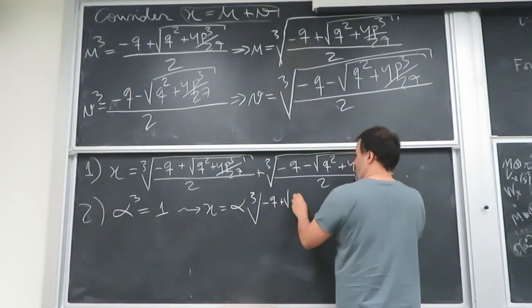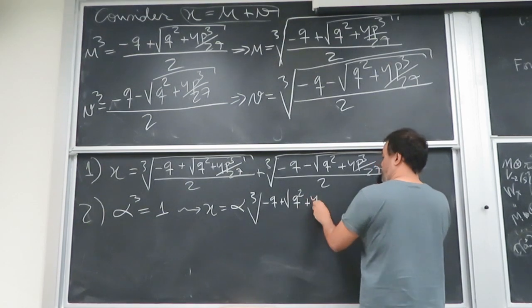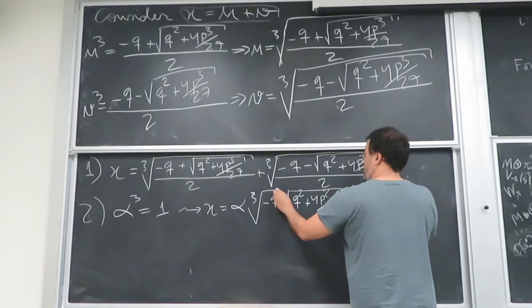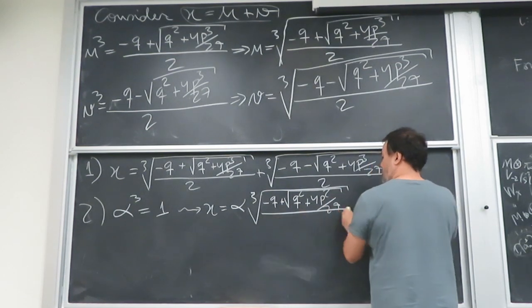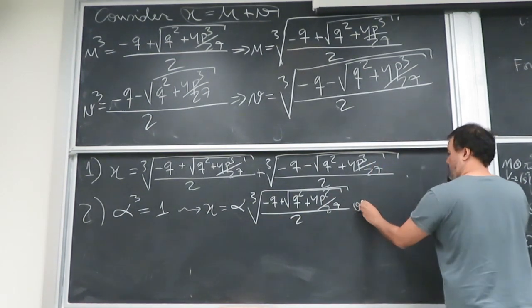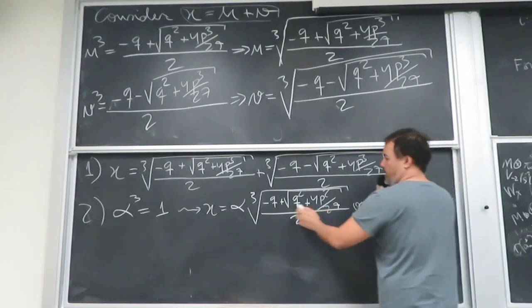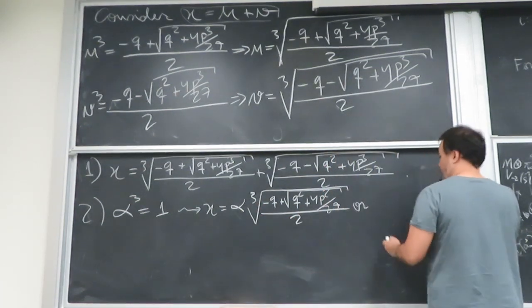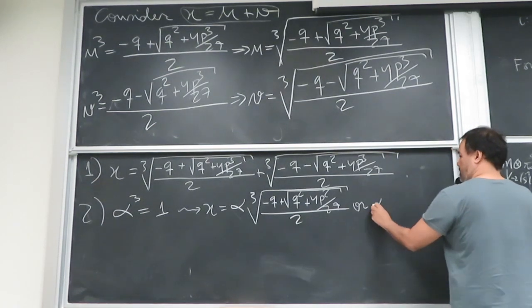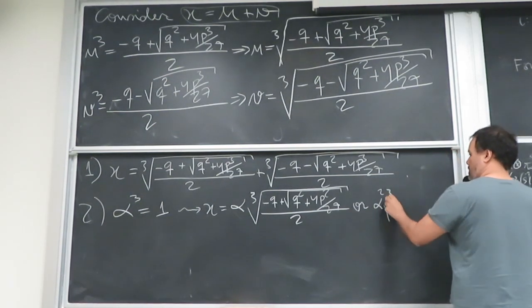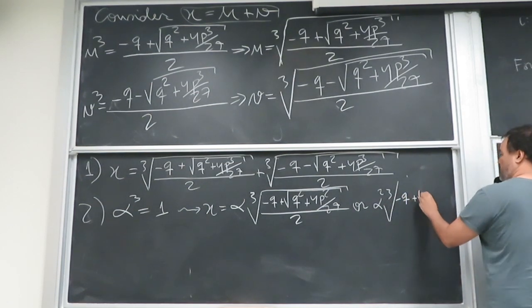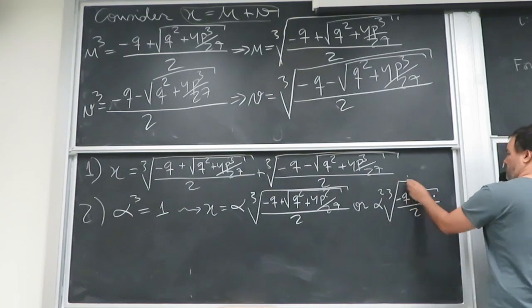plus the square root over 27, or the same but with the other cubic root of 1, or the same amount here. I will not repeat because it's the same here. Okay?